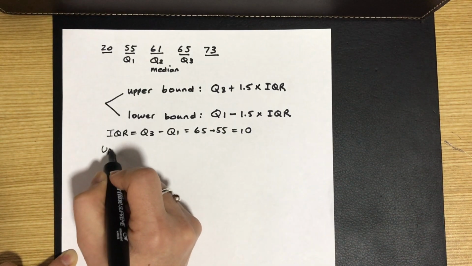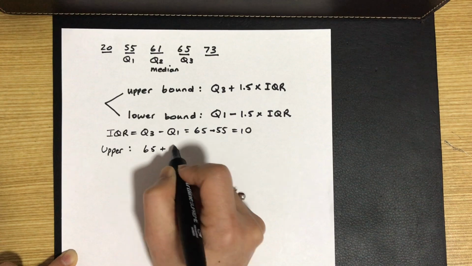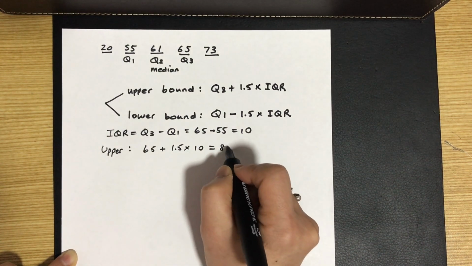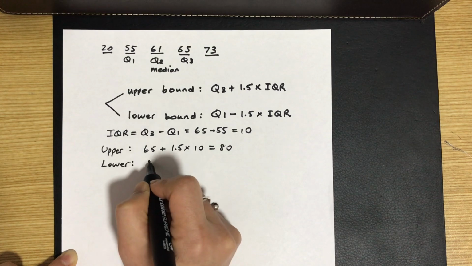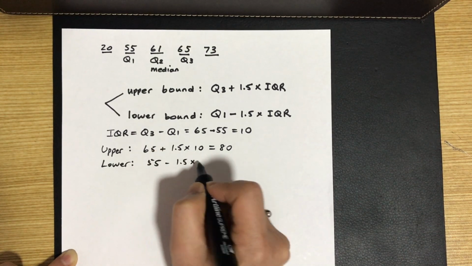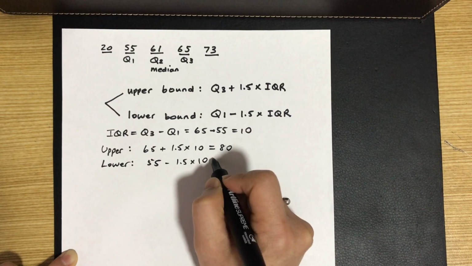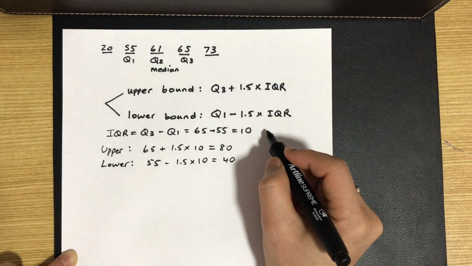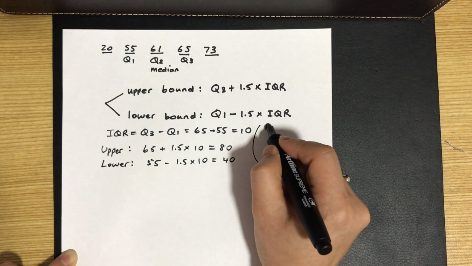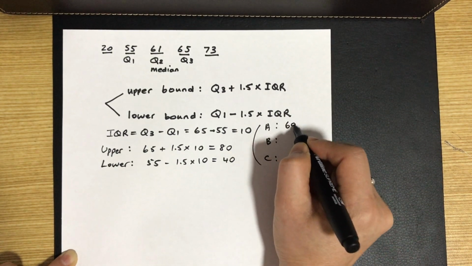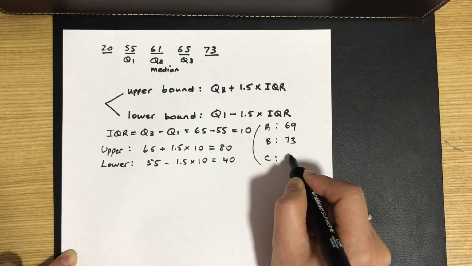So upper 65 plus 1.5 times 10, 80, and lower 55, that's the Q1, minus 1.5 times interquartile range, that will give me 40.